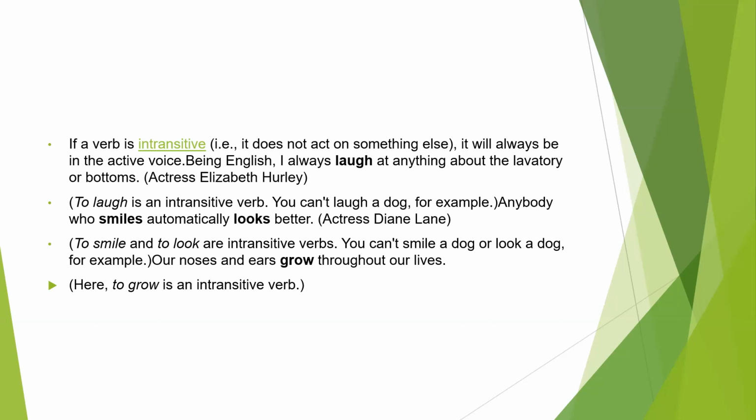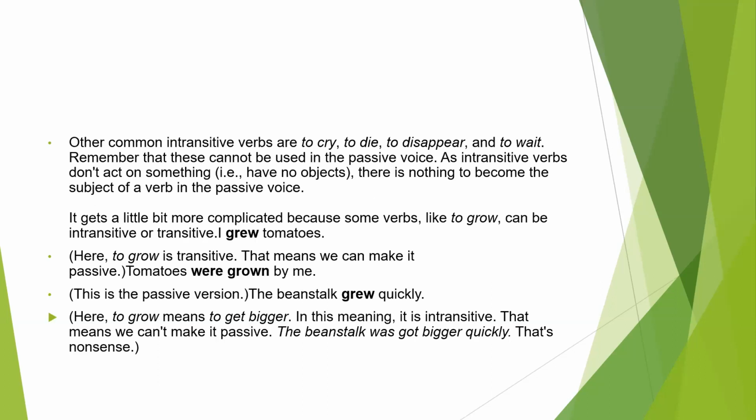Our noses and ears grow throughout our lives. Other common intransitive verbs are to cry, to die, to disappear, and to wait. Remember that these cannot be used in the passive voice, as intransitive verbs don't act on something. There is nothing to become the subject of a verb. Like I grew tomatoes.